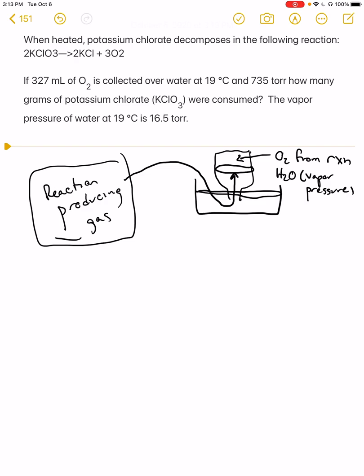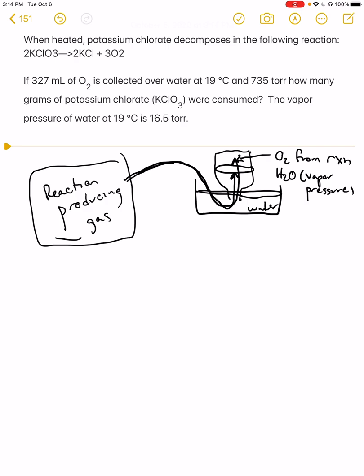And in this setup, the oxygen gas produced is going to go through this tube here and up and into this area. We have a dish filled with water and a bottle partially filled with water that is inverted into the dish.